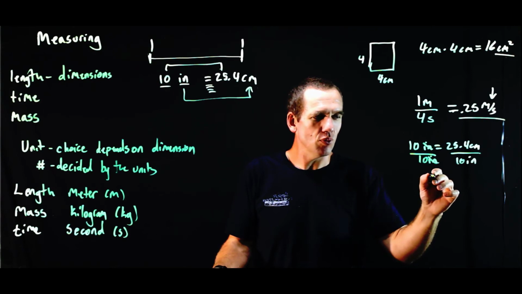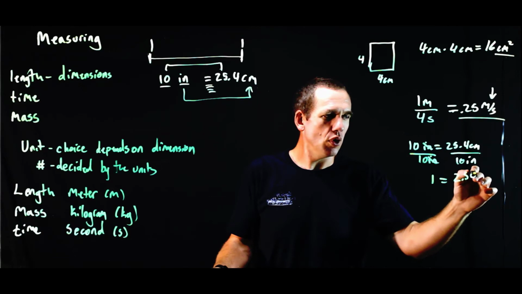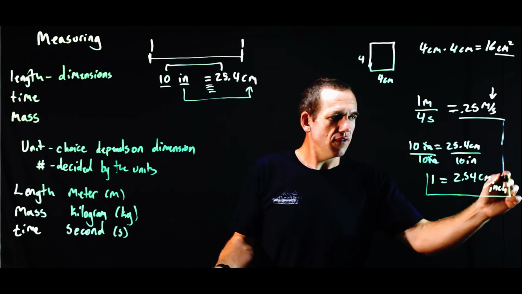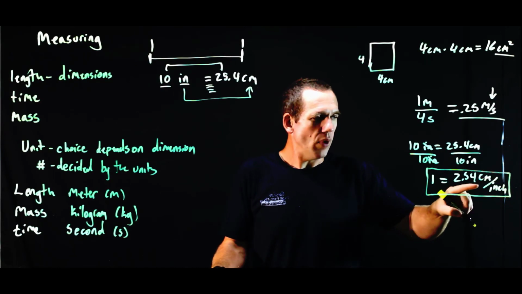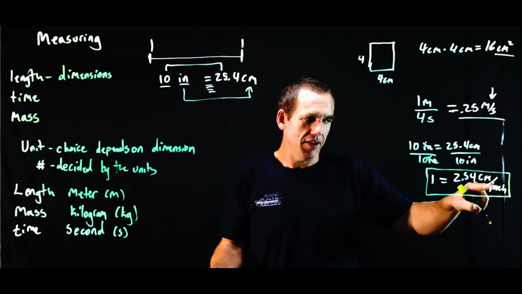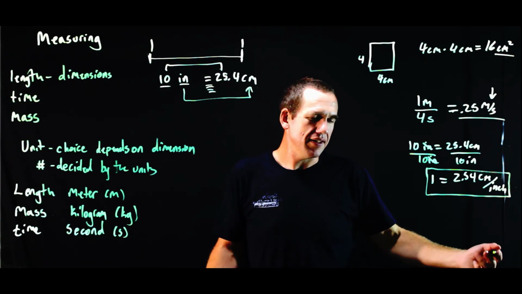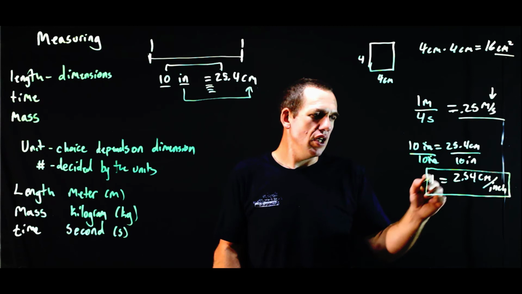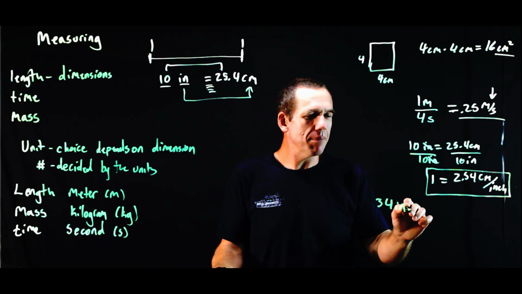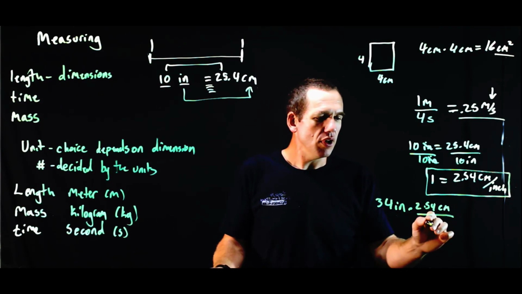So I have 10 divided by 10, which is 1, equals 25.4 divided by 10 is 2.54 centimeters per inch.